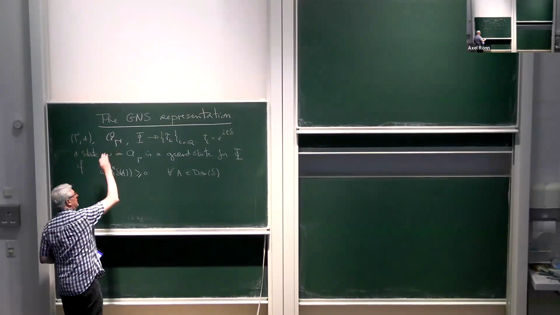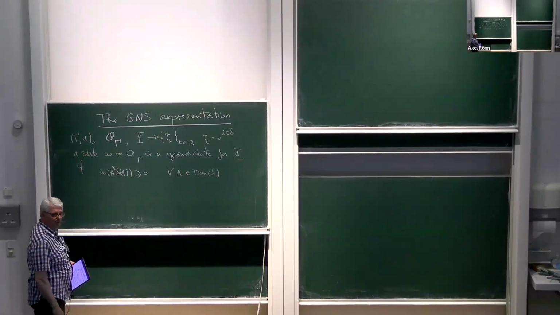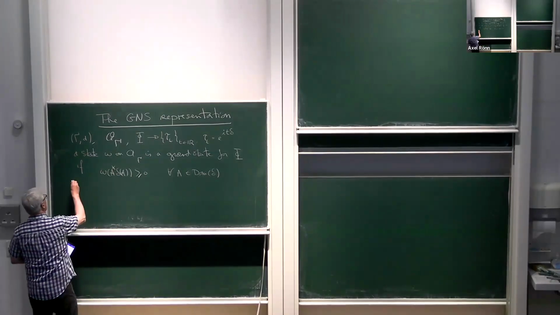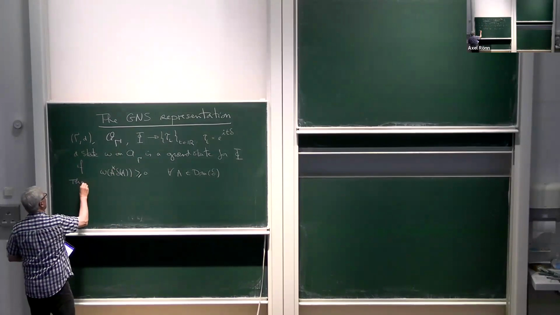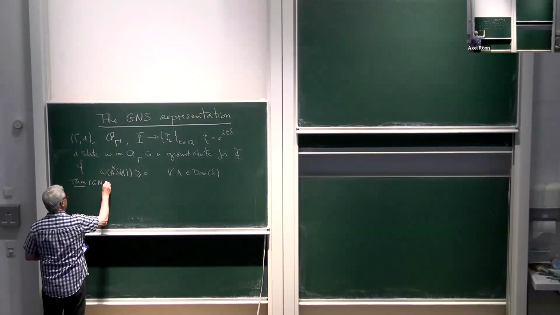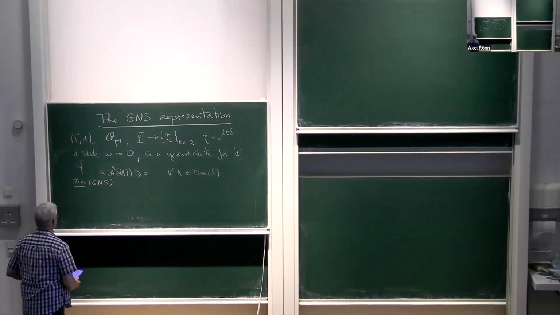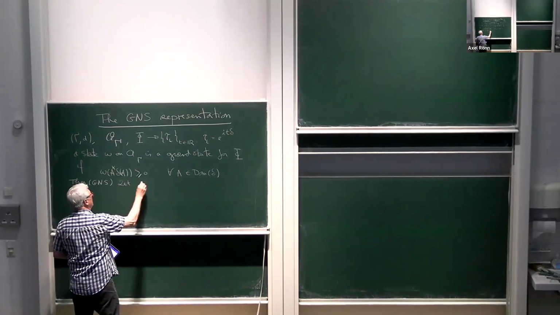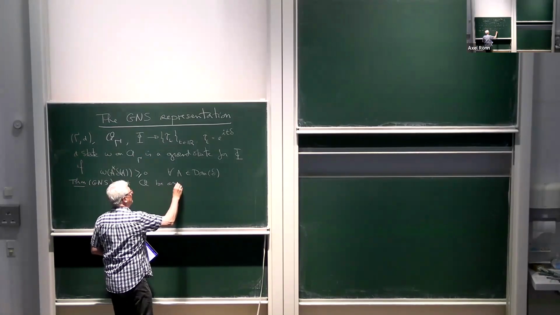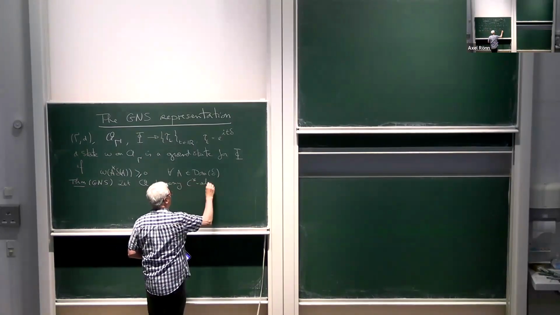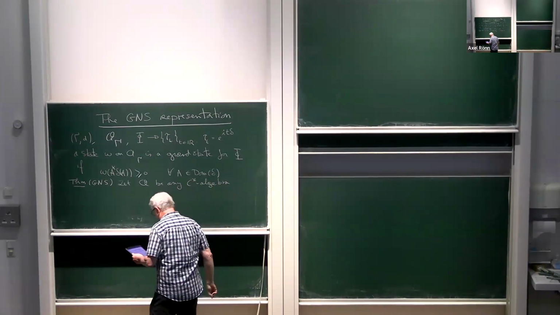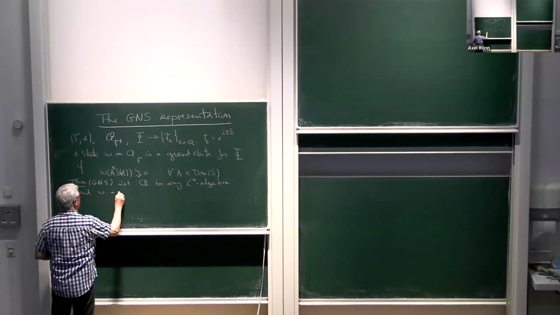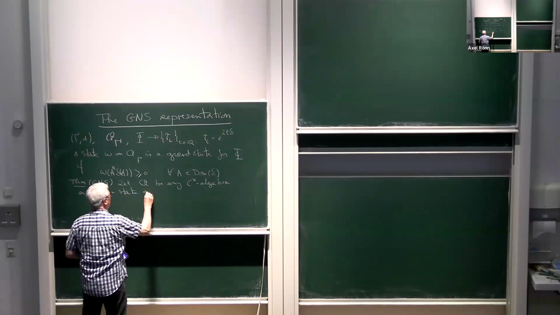We are interested in the observables for the spin system, but that's formulated in general language. Theorem, due to Gelfand, Naimark and Segal: let A be any C-star algebra, and omega a state on A.